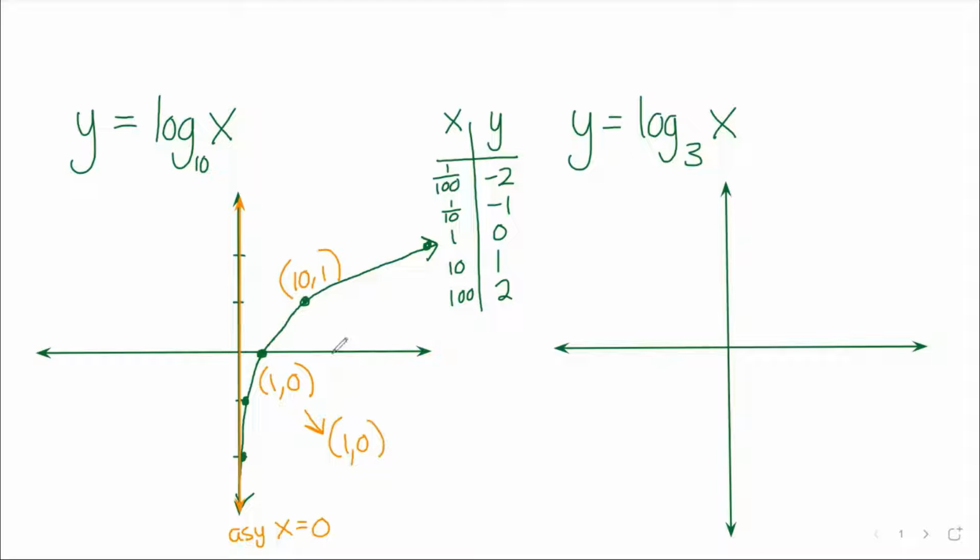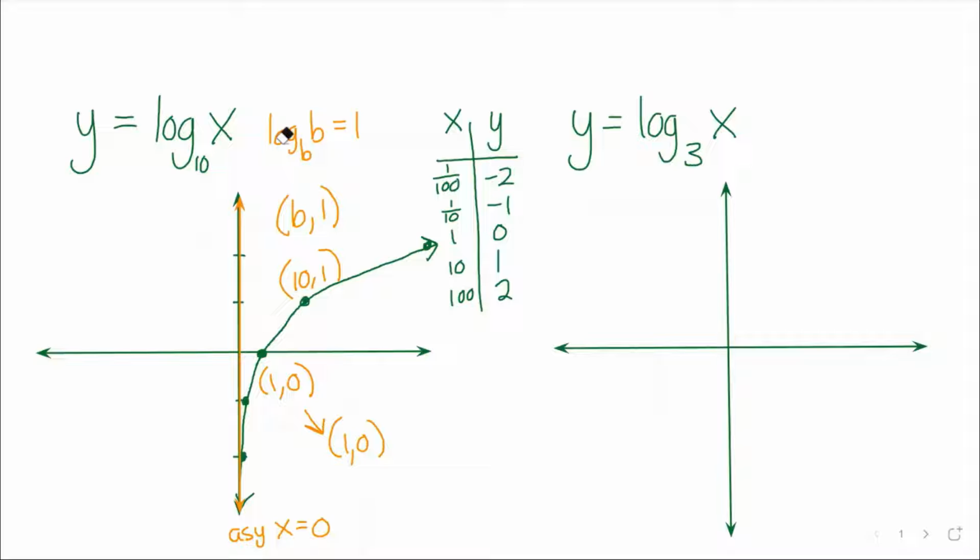And this would be (base, 1). Why is that? Well, because if we had log base b of b, that's always going to give us 1 regardless of what that is.